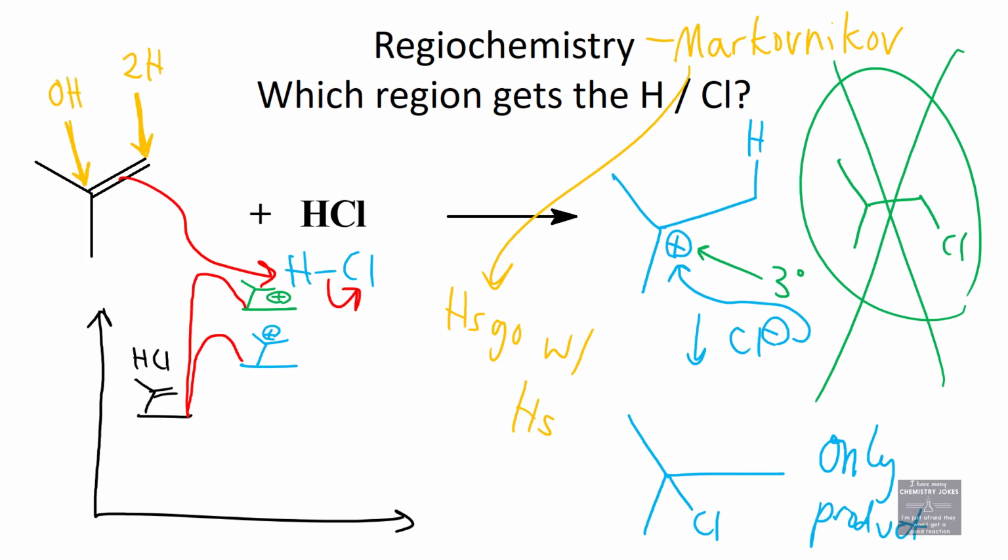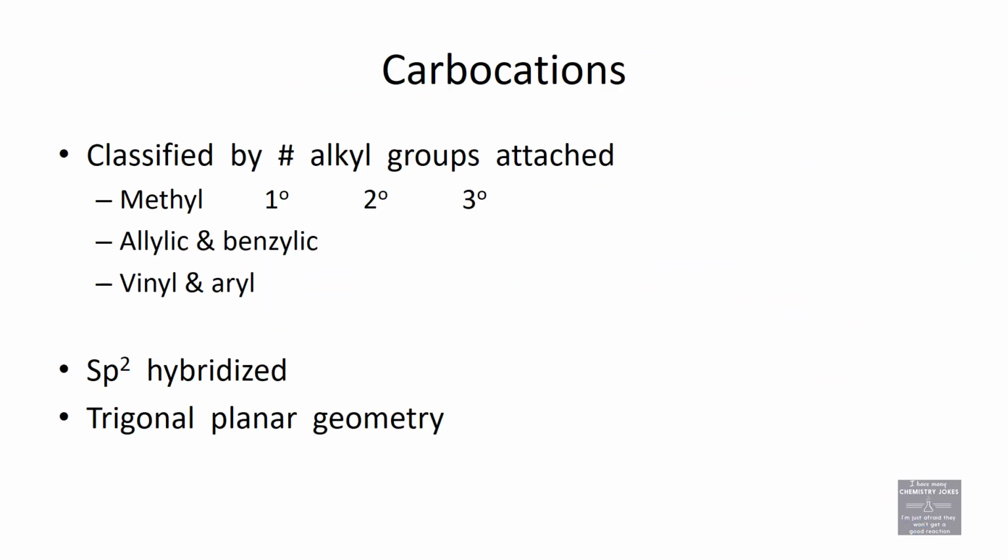So Markovnikov says, put the H with the H, and you will probably make the most stable carbocation. So I put the H on the side that had 2 H's, and that's how I made the blue carbocation. The green carbocation came from putting the H on the carbon that didn't have any H's. That's how I knew it was not good. Markovnikov's rule is simple and helpful, but it's not quite always right. Okay, you've been warned.